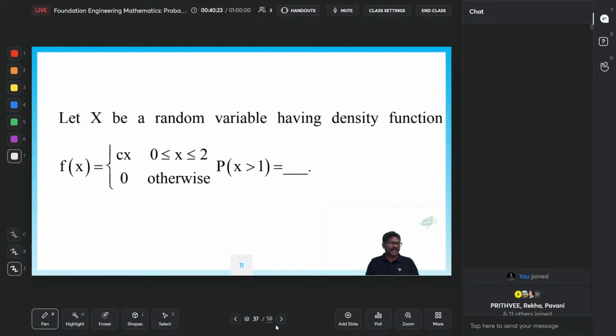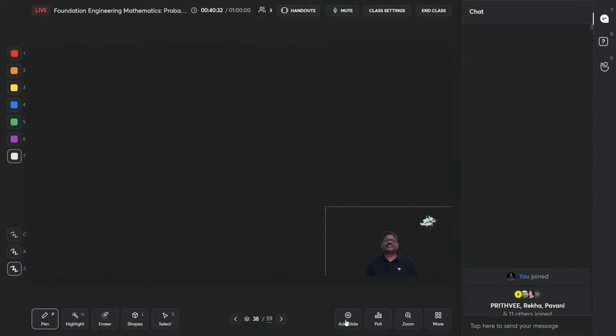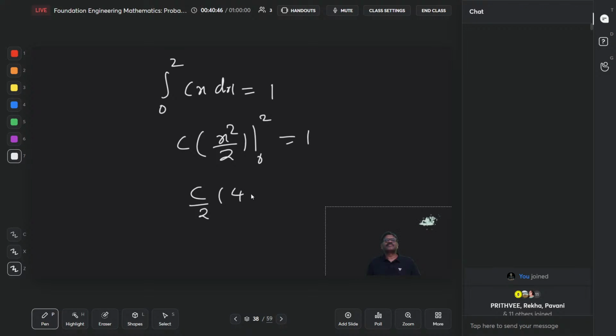Next problem. Let x be a random variable having density function f of x equal to cx in the interval 0 to 2. Integral 0 to 2 of cx dx is 1, because it is a density function. C equal to 1 by 2.